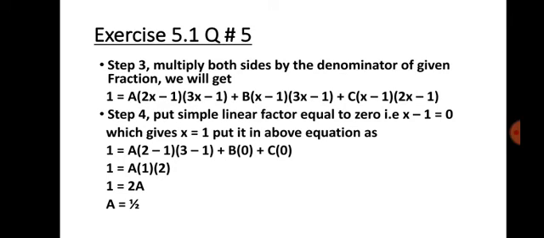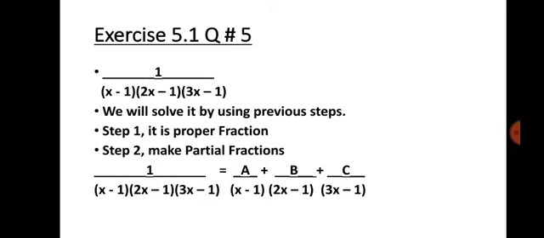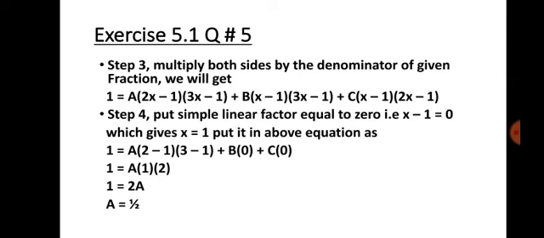The next step is to multiply both sides by the denominator of the given fraction. We will get, when we multiply the denominator of the given fraction, that is (x minus 1)(2x minus 1)(3x minus 1), on both sides, the left side will be cancelled out and the remaining factor will be only 1.